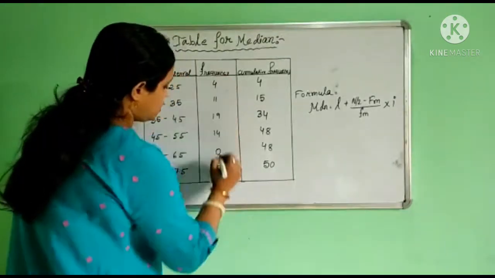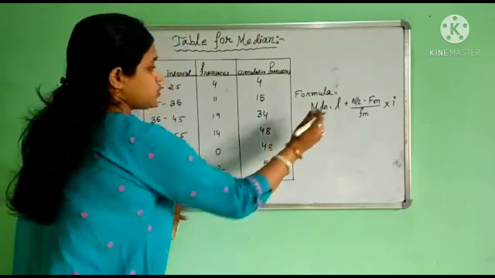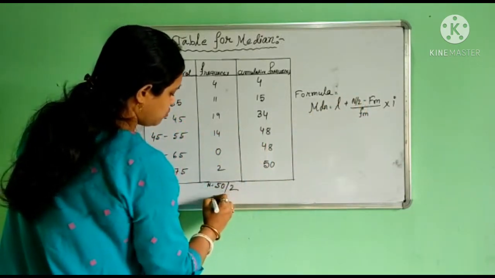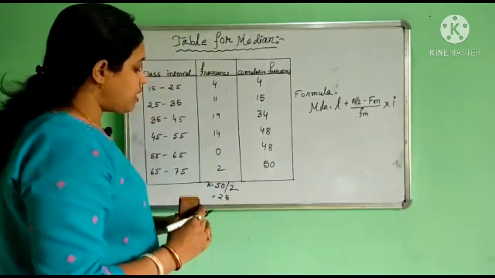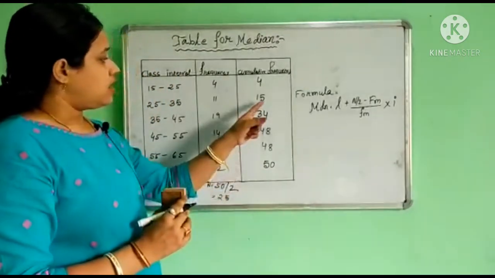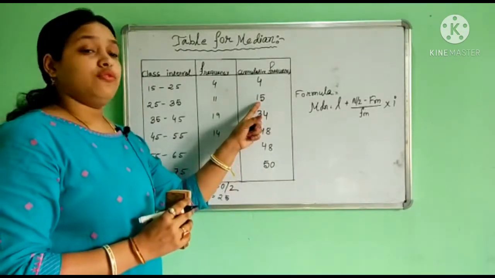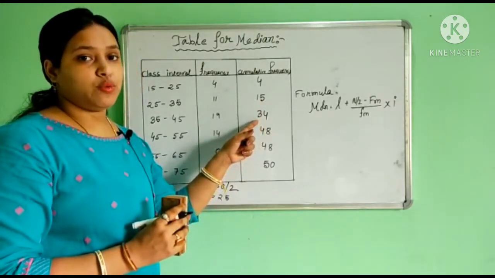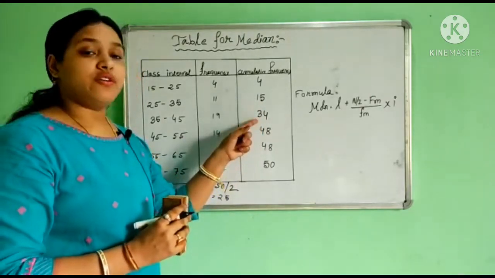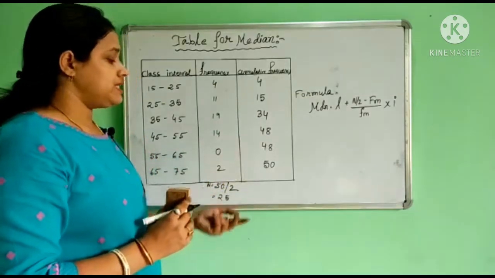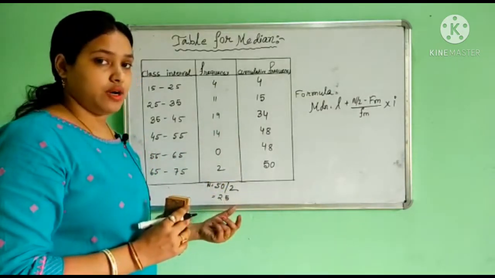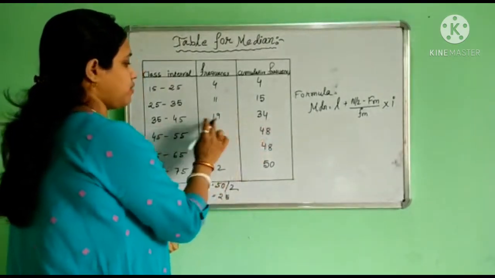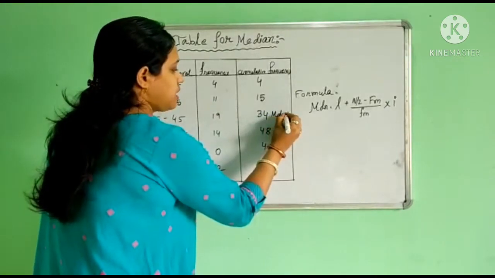Here our total frequency is 50, so n divided by 2, where n is 50, gives 25. This 25 is more than the cumulative frequency 15 and less than the next cumulative frequency, 34. So 25 lies in this class, that means 34, and this is the median class.